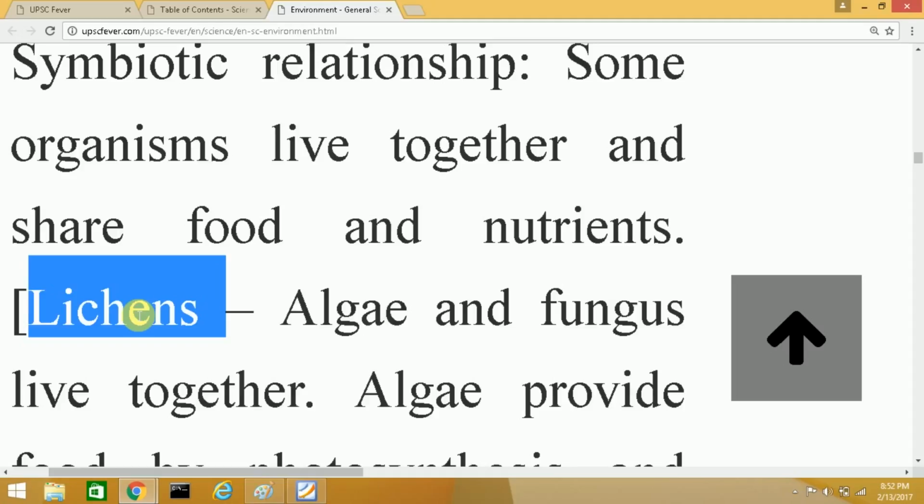Lichen is also a good indicator of pollution because they do not grow in polluted areas. So absence of lichens usually means that pollution is high. One important bacteria found in the soil is rhizobium. This bacteria converts the nitrogen present in the atmosphere into a soluble form.